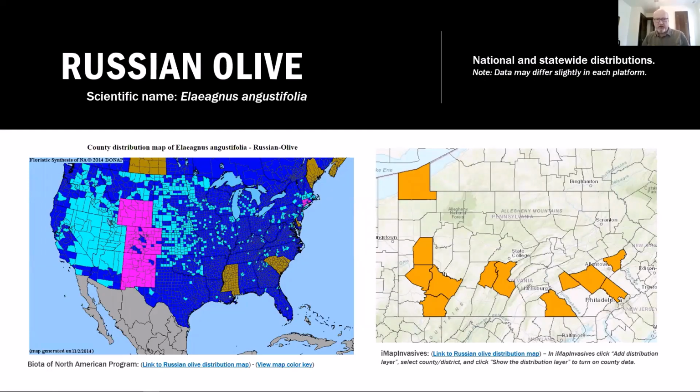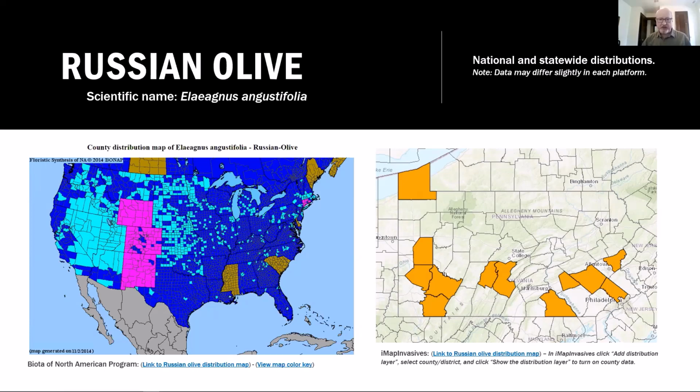So here's the map of the Russian olive, and you can see in the map on the left that it's all over the West. And if you look 10 years ago, you'd only see a few counties in the east. And so it's definitely on the increase. The map on the right is the iMapInvasives map, which shows which counties.